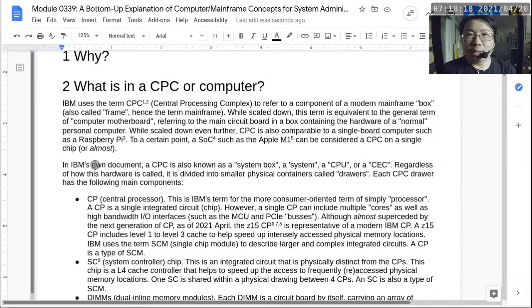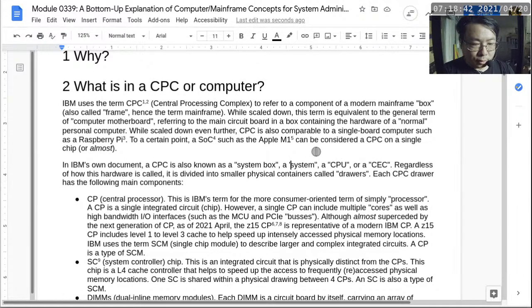So IBM has a lot of terms to refer to exactly the same thing. So CPC, I guess, is the current term that they officially use to refer to the processor and the memory component of a mainframe computer. But occasionally they would call it a system box, or simply a system, or a "CPU".